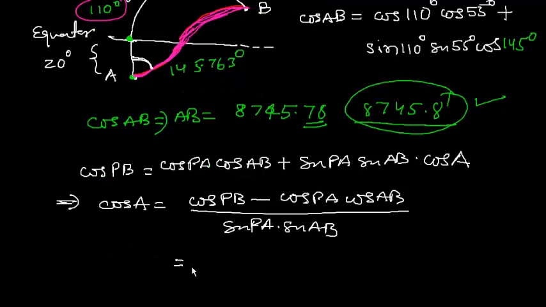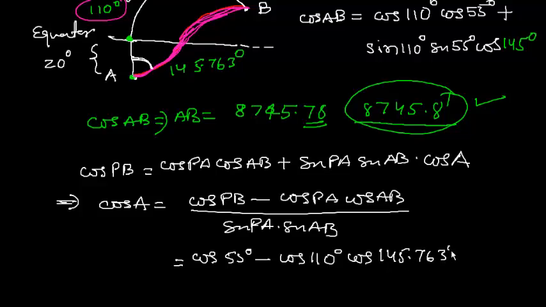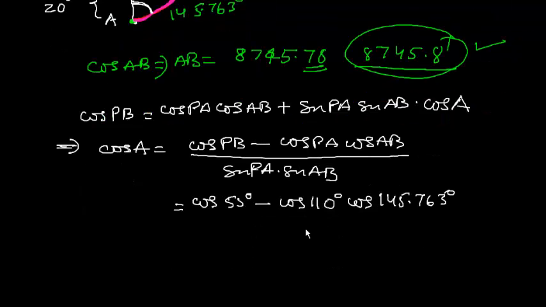It's just a little bit of algebra. And now I can start putting in the values: cos PB was 55 degrees, minus cos PA 110 into cos AB, which is 145.763 degrees.